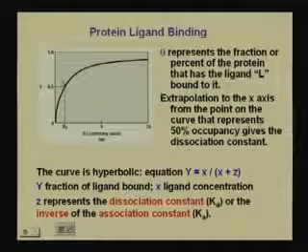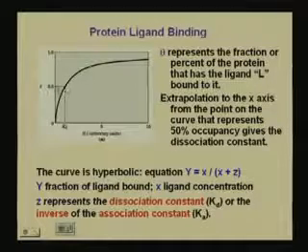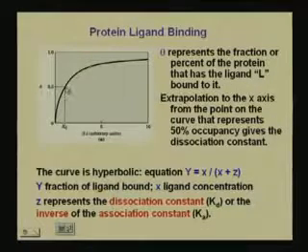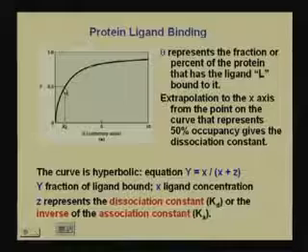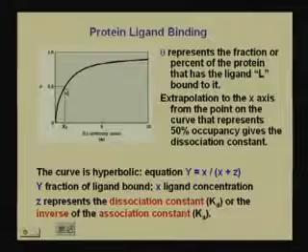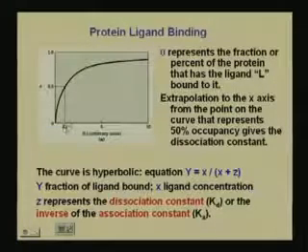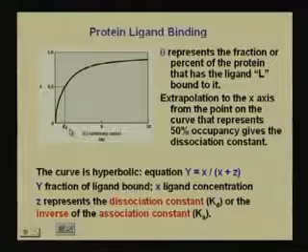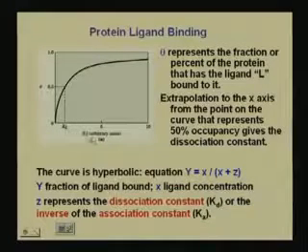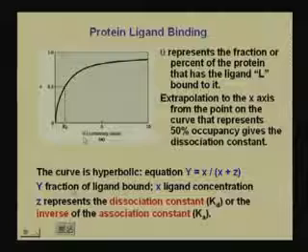Now, when I reach 50% saturation here, it means that my Y, or the fraction of ligand bound, is half, 50%. Now, that 50% corresponds on the x-axis to the dissociation constant because of the ligand concentration associated with it.